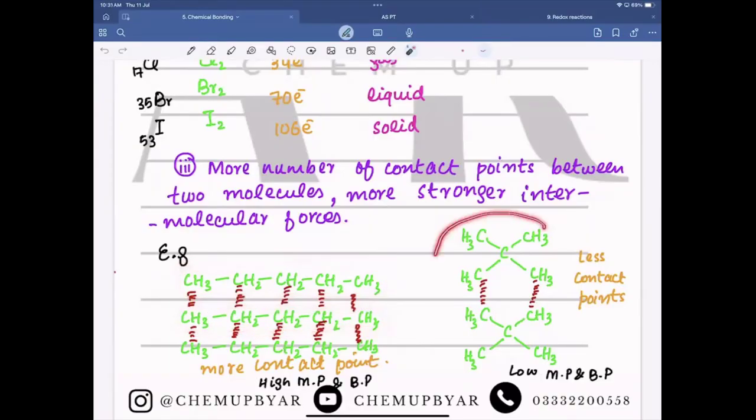Here, due to the branch, the two structures come closer and interact with each other from only 2 points, but there are multiple points of interaction due to the linear shape, right? So its intermolecular force of attraction is going to be stronger than this one. Due to this, it has a high melting and boiling point, and this one has a low melting and boiling point. Is this clear?